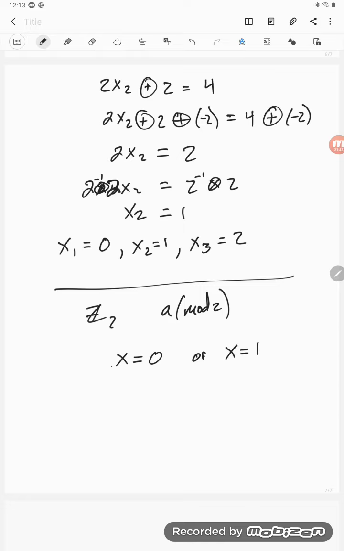Well, 0 doesn't look very interesting. So then I could have something like x1 plus x2 plus x3 equals 1, say. And then I could also have that maybe x1 plus x2 is equal to 0.